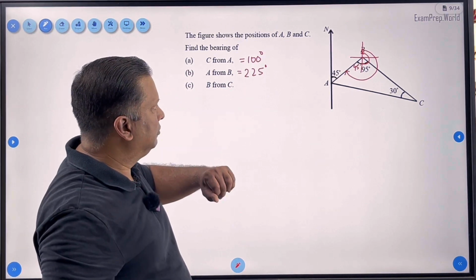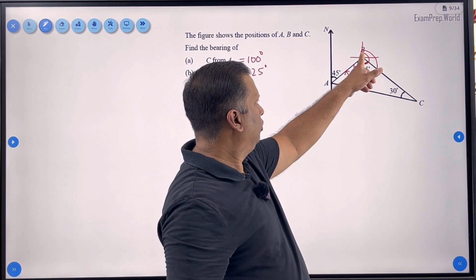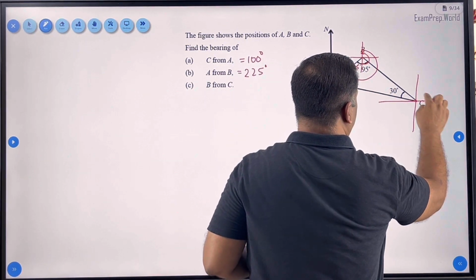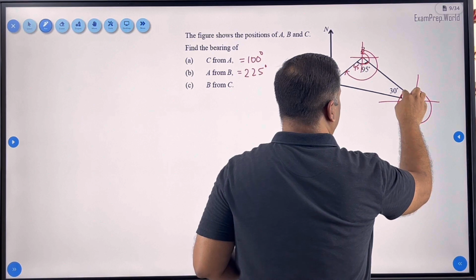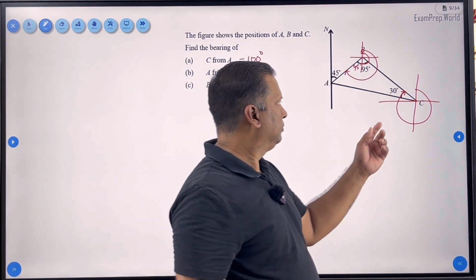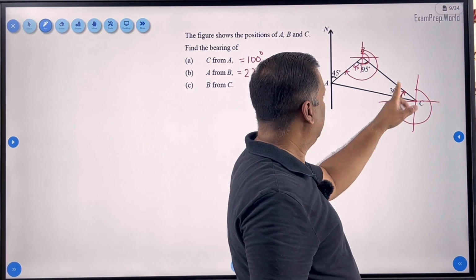B from C. You have to go B from C. So we need this angle complete. What angles do we know here? This is 30 degrees.